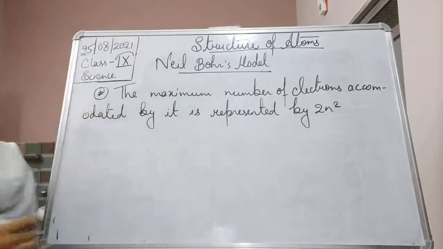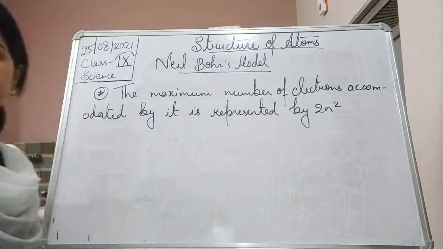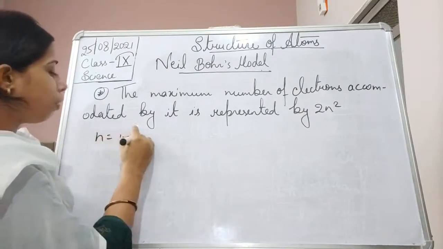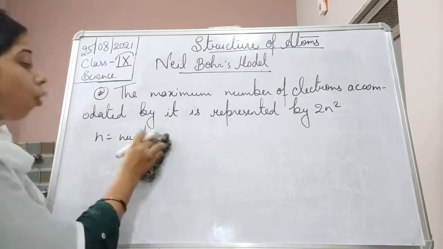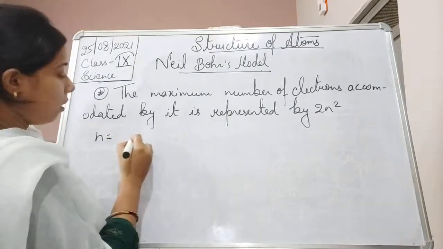You know what is the n here? N is actually the orbit number. So what is n? N is equal to the orbit number. Instead of number of orbit, it is orbit number.